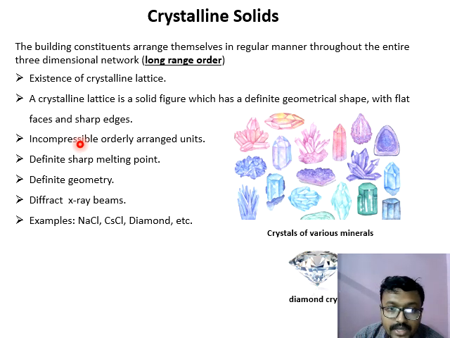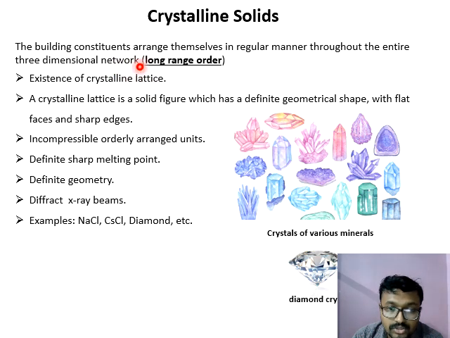Solid material will be incompressible. It will have a definite melting point. It will have definite geometry. It will diffract an X-ray beam. Examples: sodium chloride crystal, cesium chloride crystal, diamond. These are some examples of crystalline solid material.